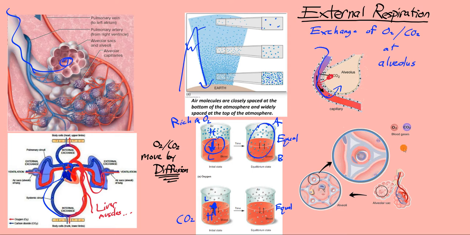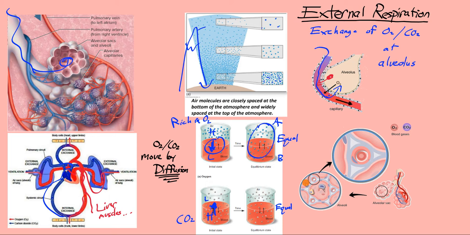This illustration down here shows a similar thing, but from a different perspective. This is a cross-section through a blood vessel, or it could easily be a cross-section through an alveolar sac, and we would get the same type of movement. The alveolus and the blood vessels are partners. They work together.